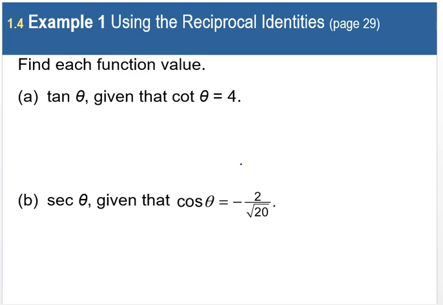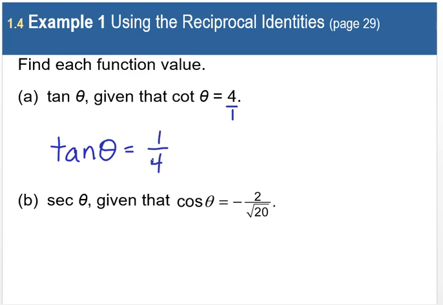Well, if we look at this as cotangent of theta is equal to 4 over 1, then tangent of theta, since they are reciprocal functions, is equal to 1 over 4.